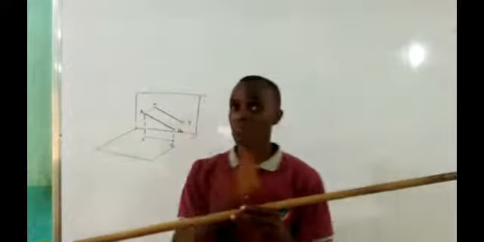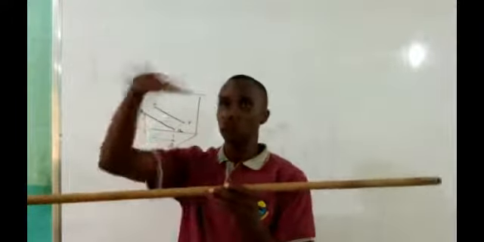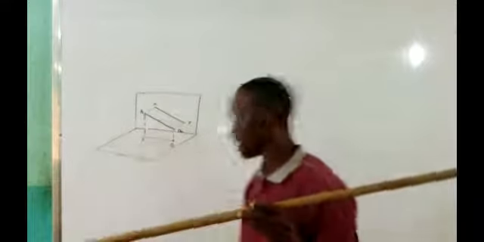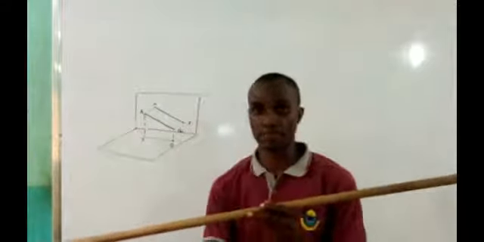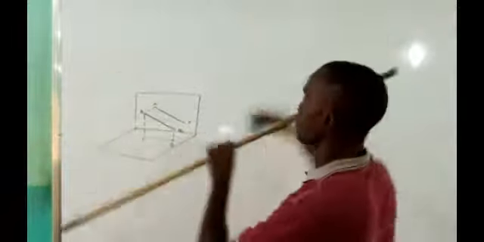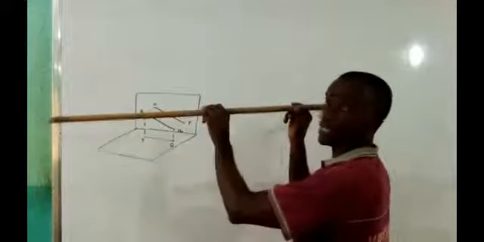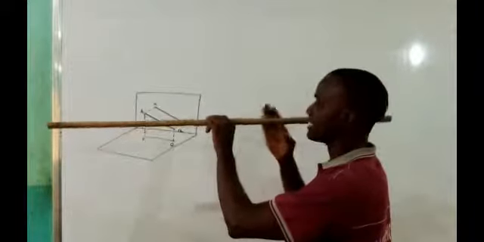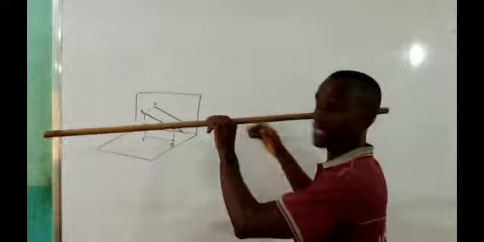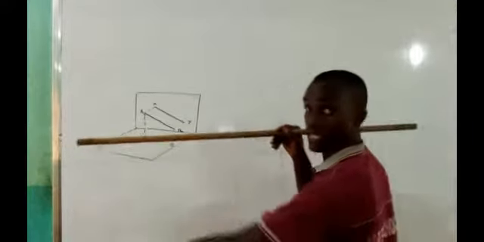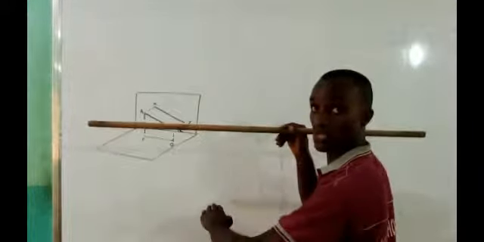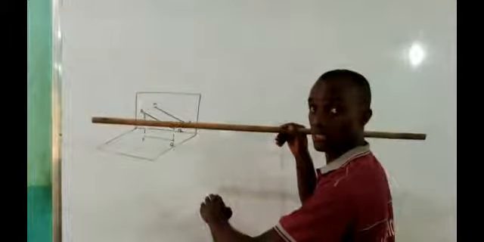Now, they describe the way this stick is hanging. They choose only two faces, a vertical face and a horizontal face. If I place this stick like this, it is parallel to this vertical face, and at the same time parallel to the surface of the ground. Do you agree? Very good.